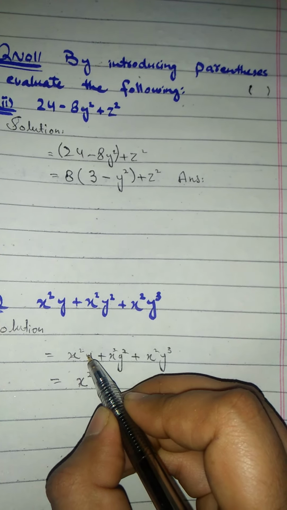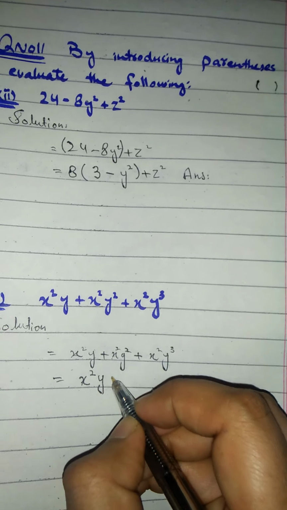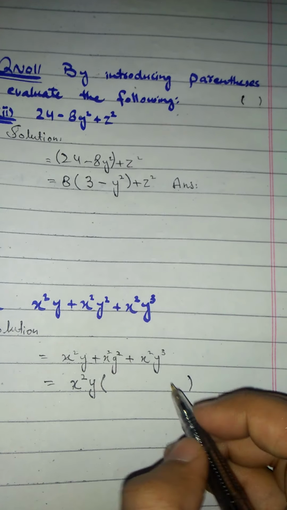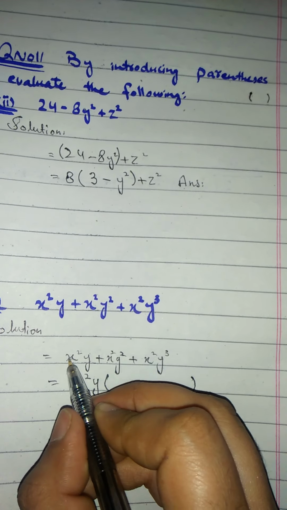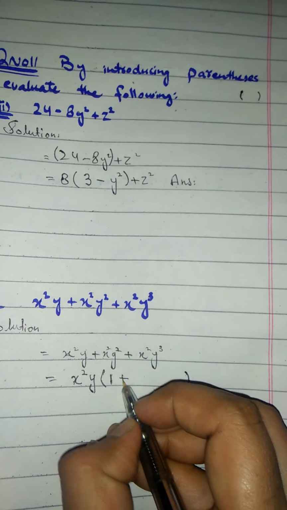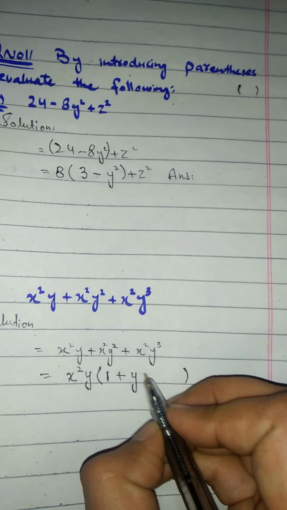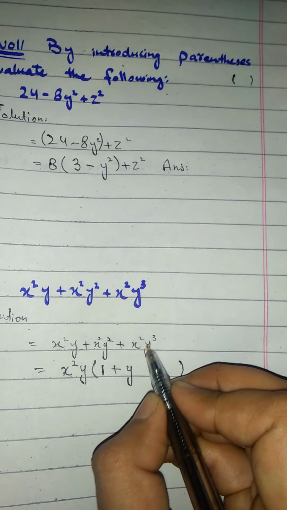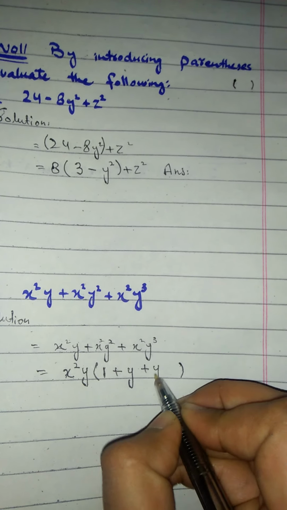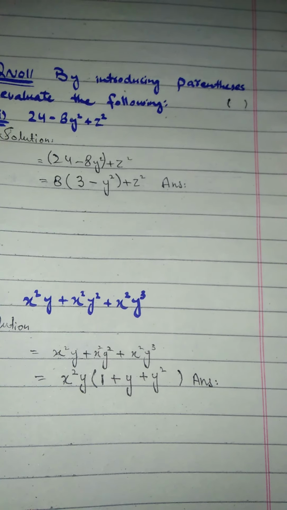Also there is y square and there is y cube, so we will take y as common, and what will be remaining we will write within the parenthesis. There is remaining 1, and there is remaining only y, because we have taken x square y, so y is left behind, and in the next term also there is y square, so this is the answer.